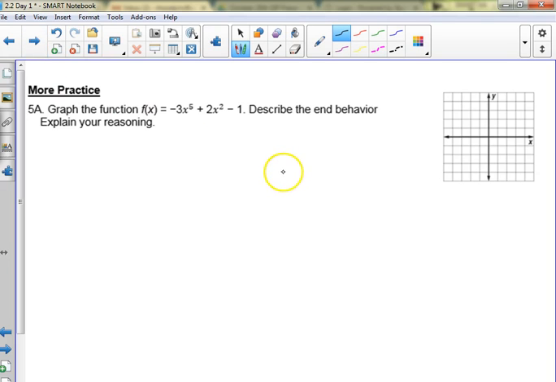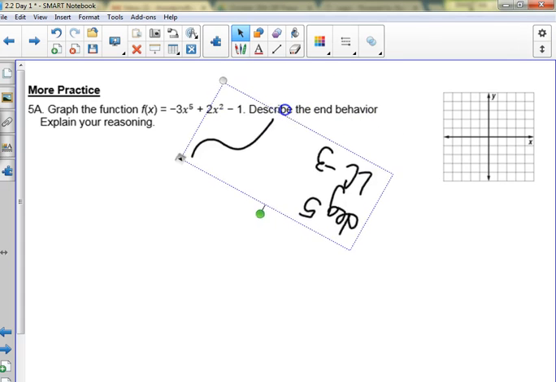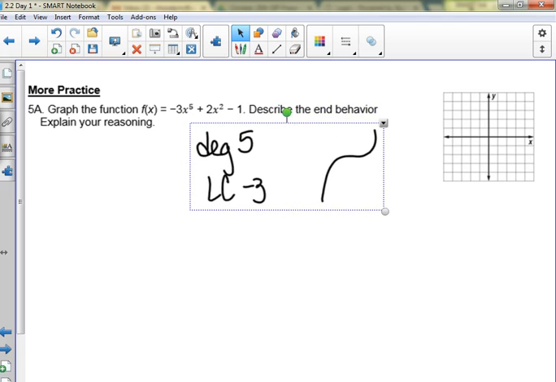All right. I don't want to graph this really. I just want you to think about the end behavior. I don't want to take time to find a nice window and all that garbage. What's the degree here? 5. Degree 5, leading coefficient negative. Okay, degree 5 normally looks like this, right? Like a cubic, but this one is what? That didn't work as well as I thought it would. Okay, flipped everything upside down.